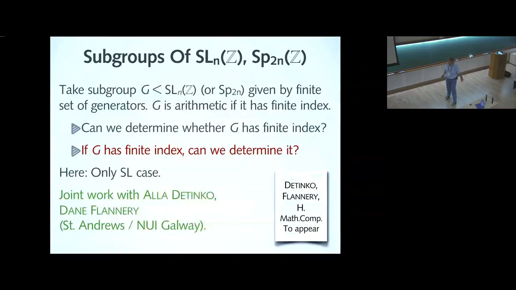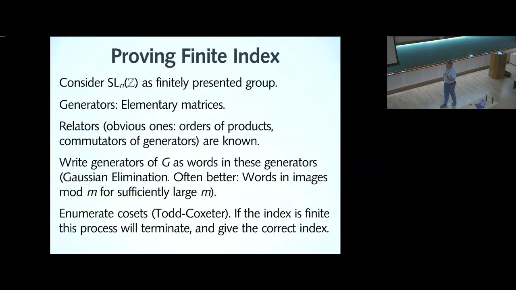Yeah. So let's briefly talk about the question of how one could prove finite index. I can look at SLNZ as a finitely presented group. The generators are elementary matrices. The relators, there is a theorem which gives relators, but none of them are surprising. They're the obvious relators you have among elementary matrices.